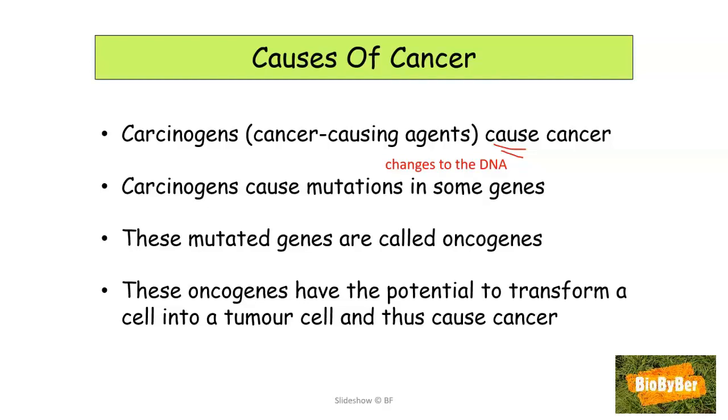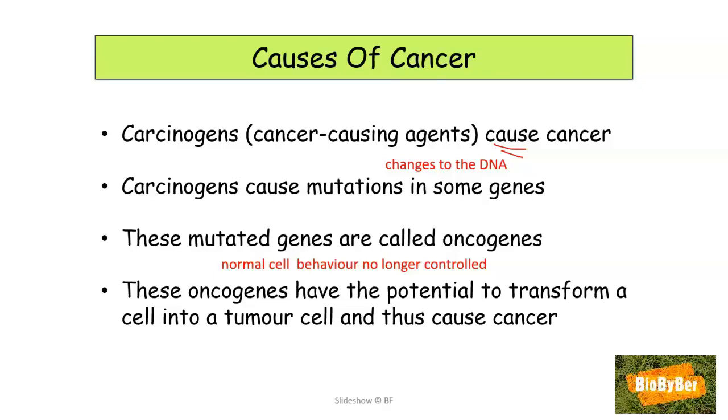Now, these mutated genes are called oncogenes, and it is these oncogenes, genes that have mutated, have the potential to transform a cell into a tumour cell, because the tumour cell will lose the ability to control cell division, and thus the oncogenes could be said to cause cancer.